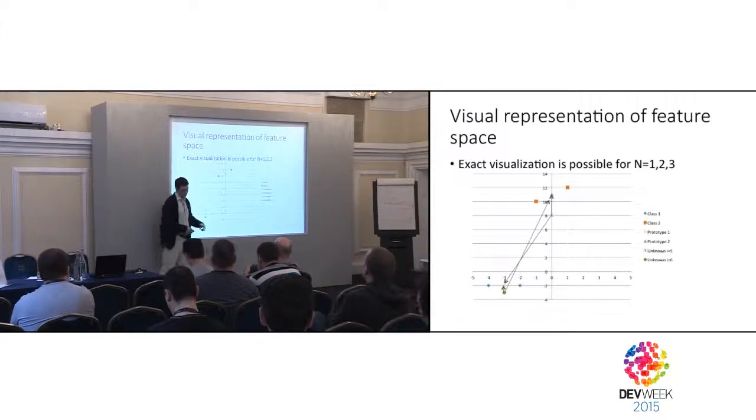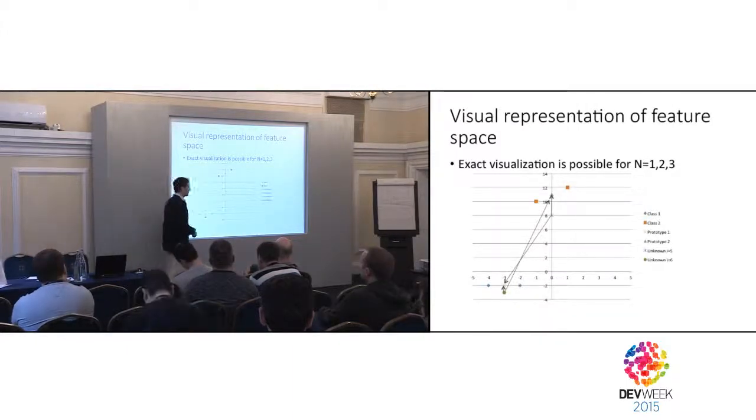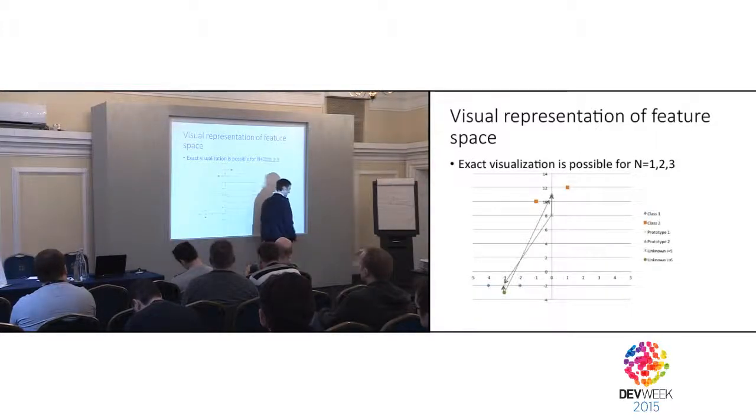And then there is another analogy, a graphical analogy. We can visualize the feature space as a system of coordinates. For example, if we have two features, we can consider that one feature is the axis x, and the value of the other feature is the axis y.